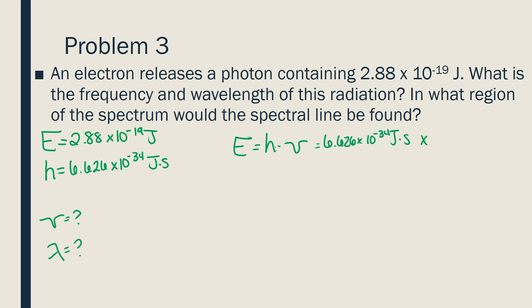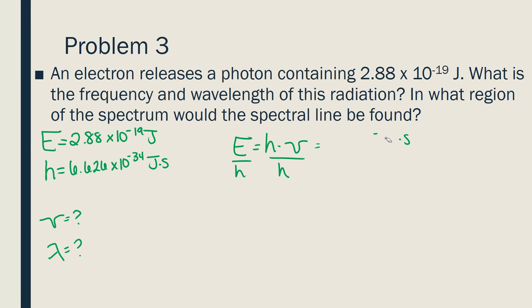I need to backtrack. We're not solving for energy, so I'm getting ahead of myself. In order to solve this one, we need to get frequency by itself, and to get frequency by itself, we need to divide by Planck's constant. Let me get rid of this real quick and get on the right track.